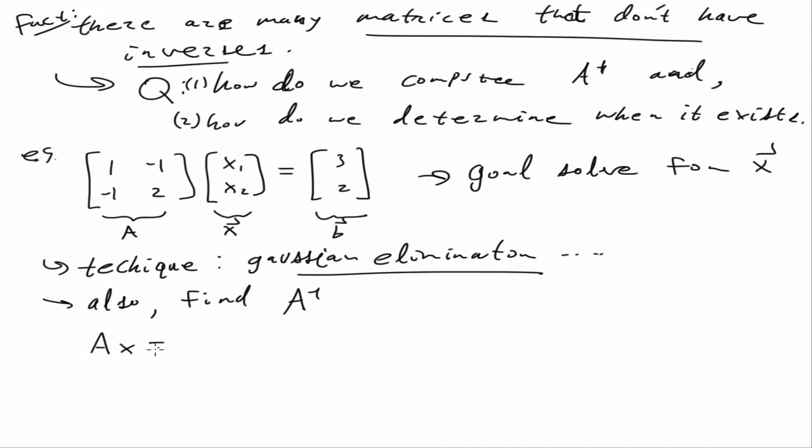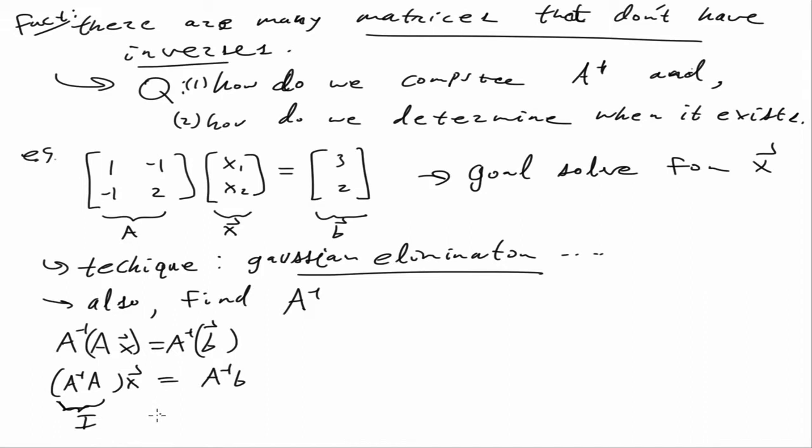Then I can use the associative property of matrix multiplication, and A inverse times A is by definition the identity matrix I. The identity times anything is equal to the thing itself.